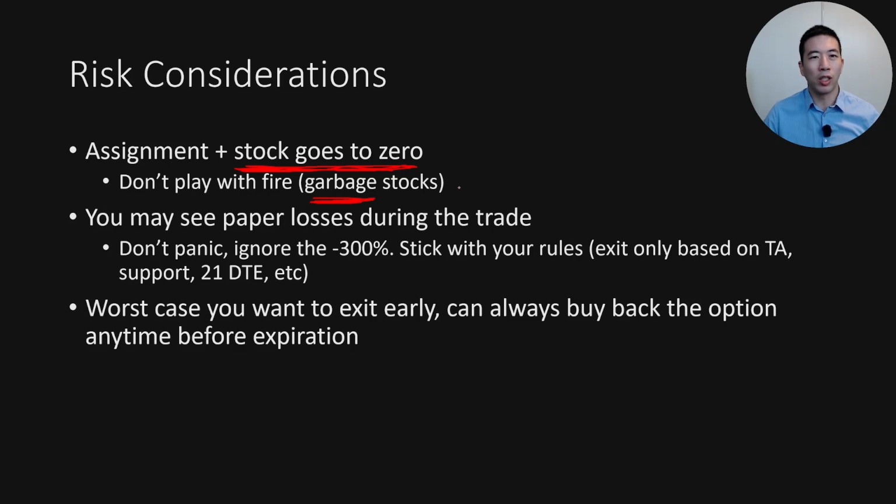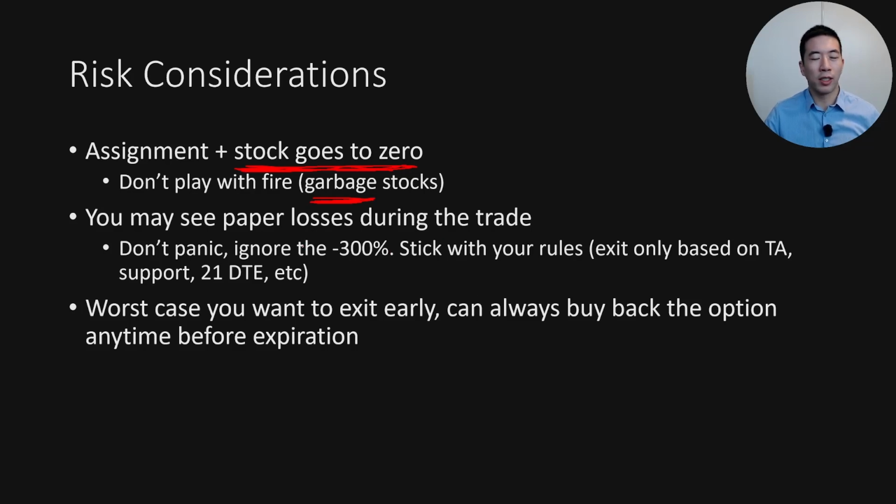So there's no need to go play with garbage high IV stocks that will make you maybe 1,000% a year instead. That's not the goal. When you're making 1,000% a year, it might work for a little bit, but there's a big chance that you're gonna blow up. One of them's actually gonna go to zero, and it's extremely dangerous.